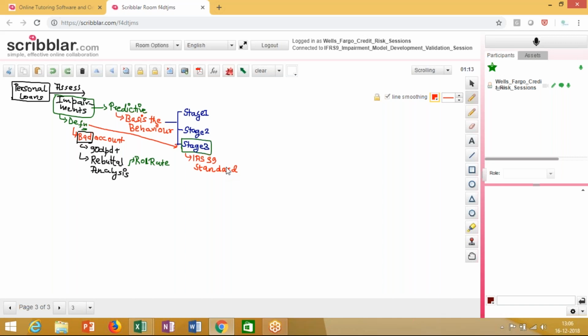The bank would start monitoring my behavior, and how I am operating and all these things. So in stage 1, I am a non-risky borrower. I am that borrower who is non-delinquent and active.